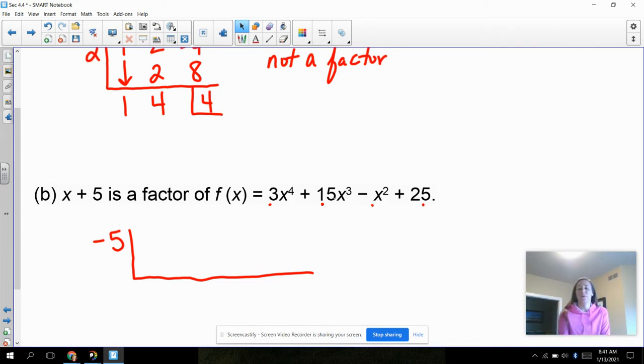And remember, if we're missing a term in this polynomial, right, it starts with a 4 power, then it goes to a 3 power, then it goes to a 2 power, and it's missing the x to the first power term, I need to put a 0 in its spot. So I'm going to have a 3, then a 15, then a negative 1, then a 0 because I'm missing x, and then 25.